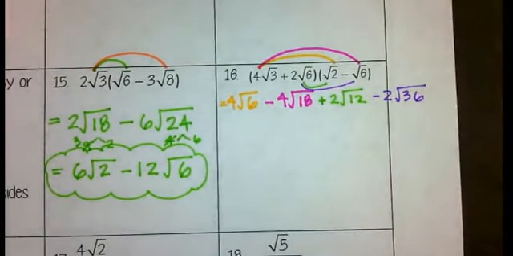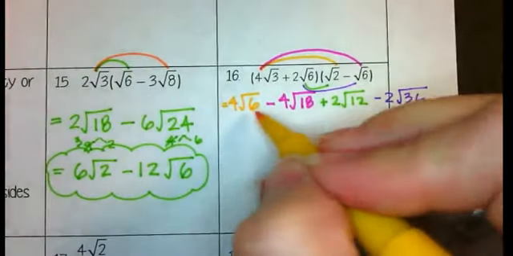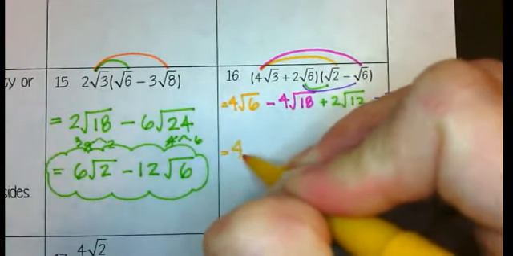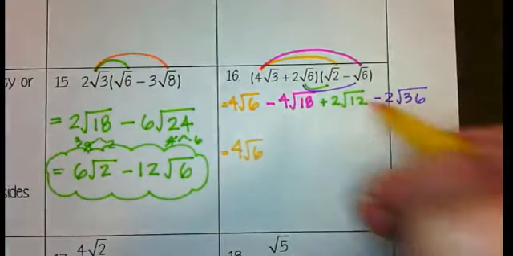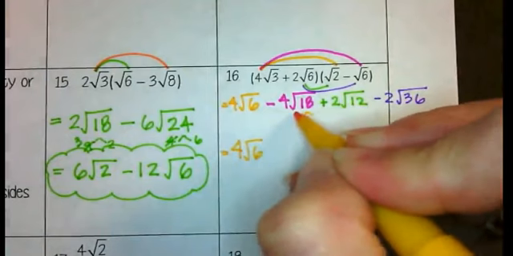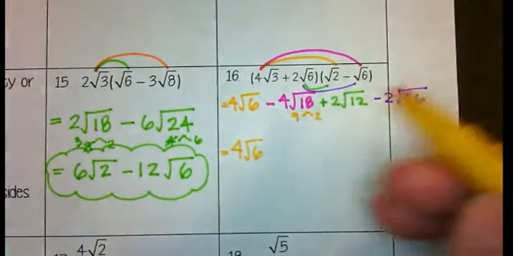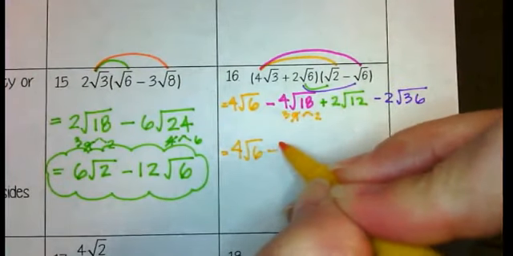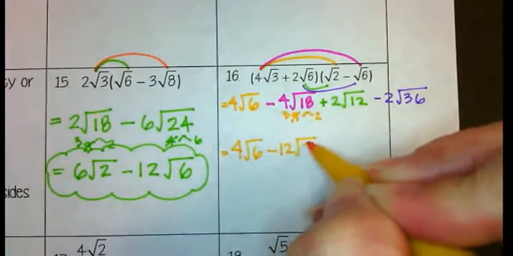So now I'm going to see if I can simplify. And on the first one, 4 square root of 6, we can't break that down into anything better, so that stays as is. For 18, we could do 9 and 2. Square root of 9 becomes 3, so this would be negative 12 square root of 2.